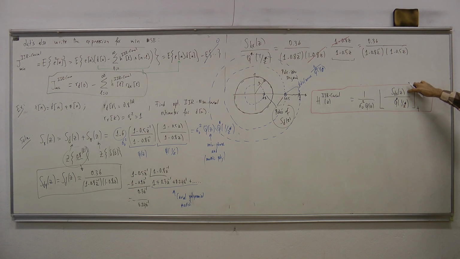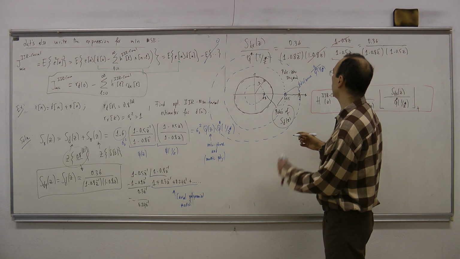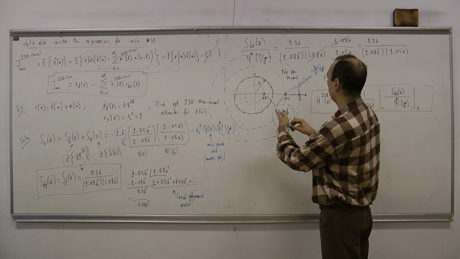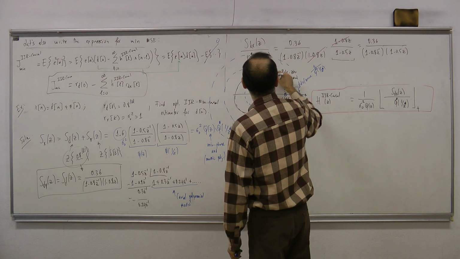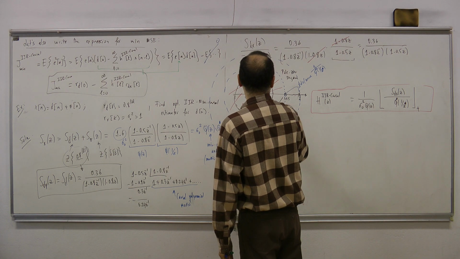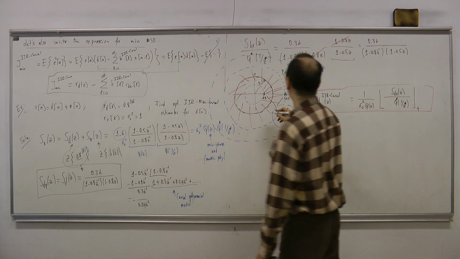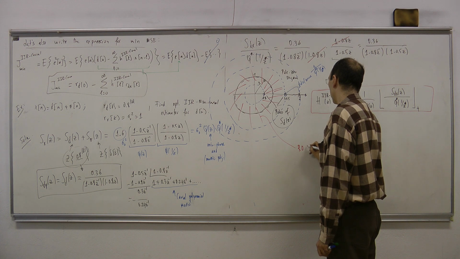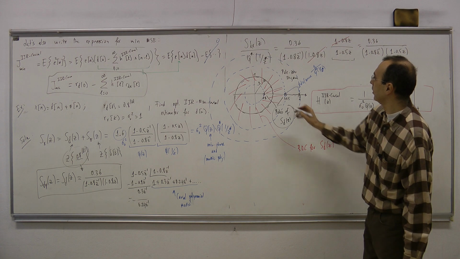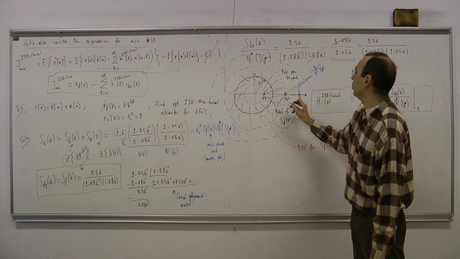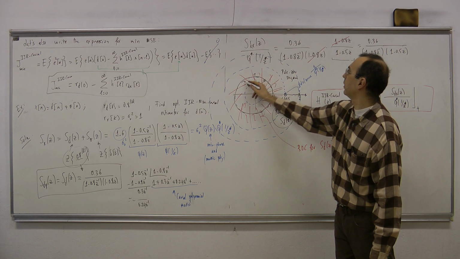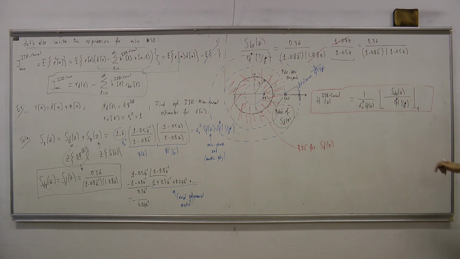For example, S d of C is a double-sided sequence, and this part is its region of convergence, a ring from radius 0.8 to 1.25. This is valid when we have such a case.